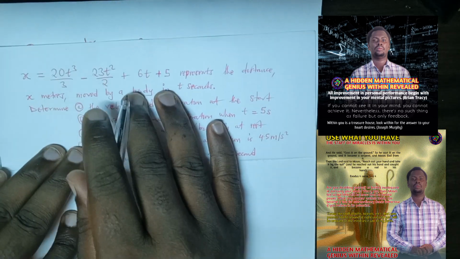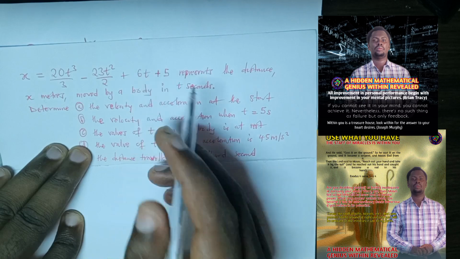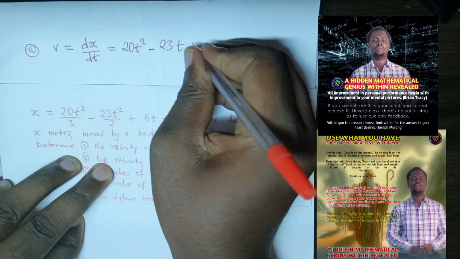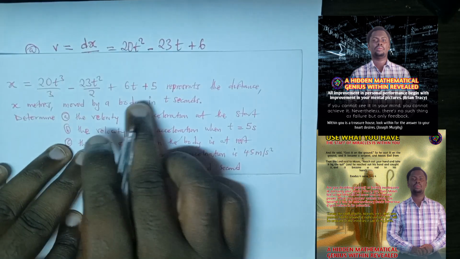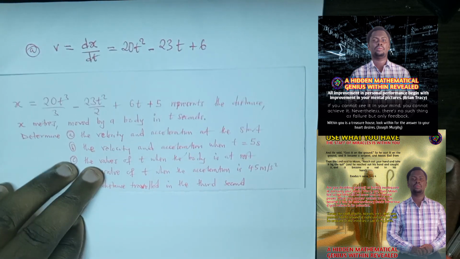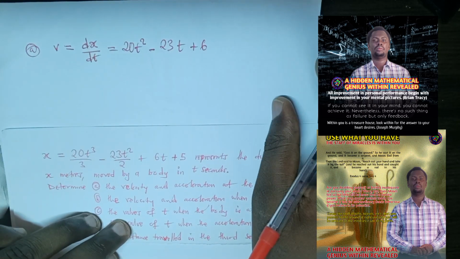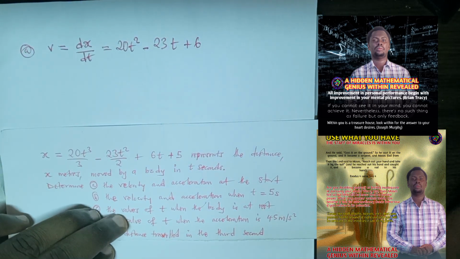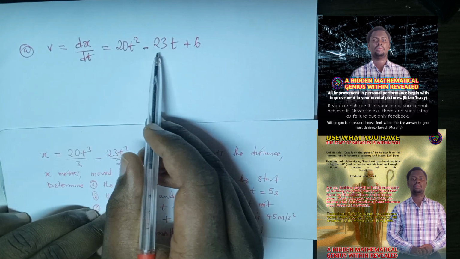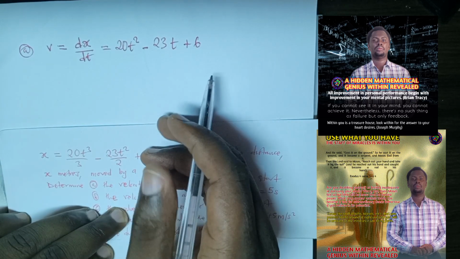Then the derivative of 6t is just 6, so plus 6. The derivative of a constant, this 5, is just 0. So the expression for velocity is 20t squared minus 23t plus 6.